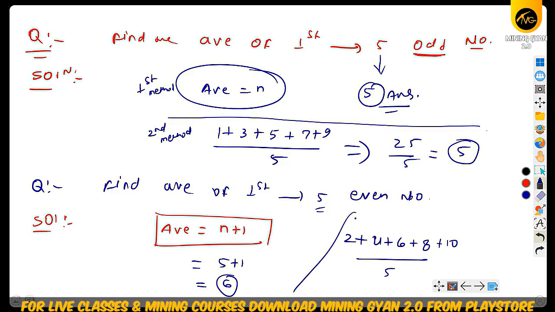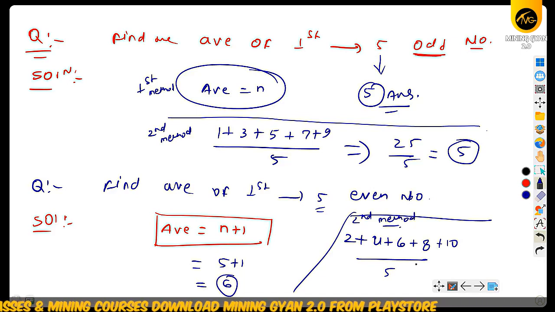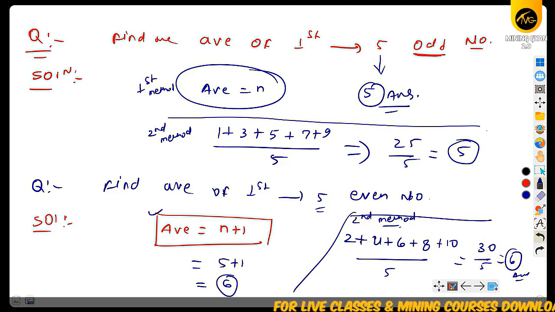So this is the second method, or we can say the traditional method. 6 plus 6, 12, 20 and 30, divided by 5. 6 is the answer. So the answer is the same, but the first process is based on the formula, and the second one is the traditional method: add all the numbers and divide by the total number of elements.